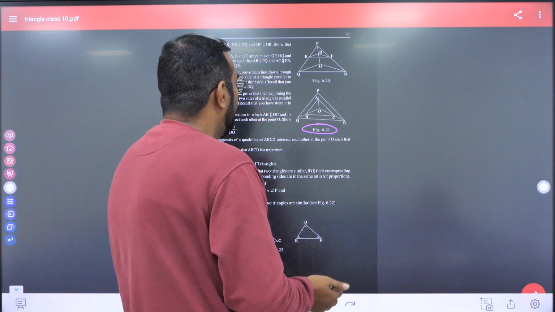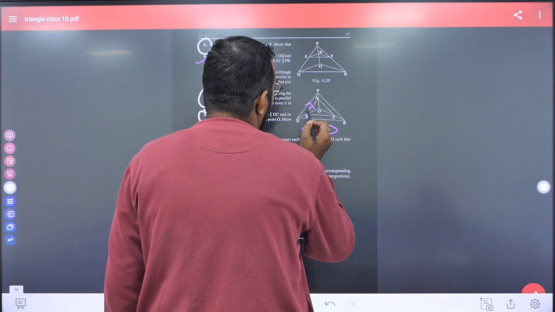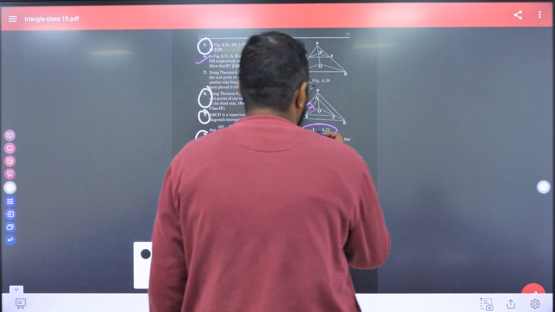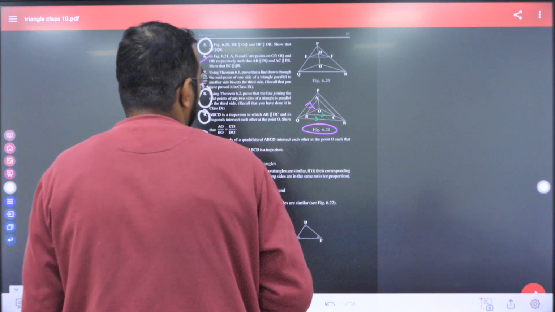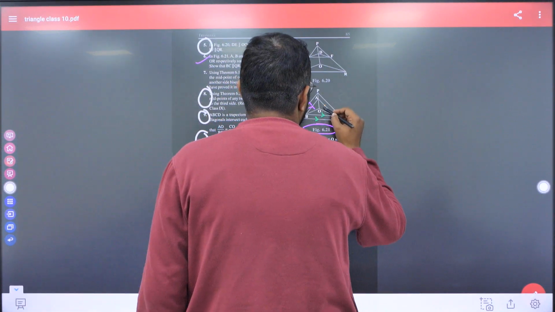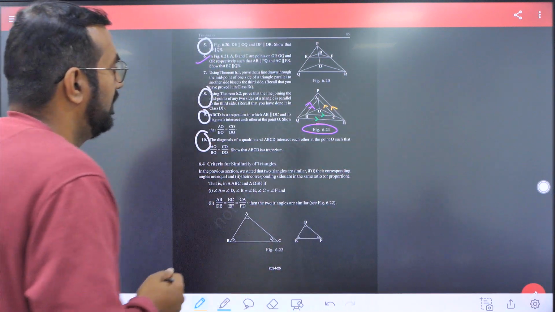respectively, such that it is given that AB is parallel to PQ and BC is parallel to QR and AC is parallel to PR.